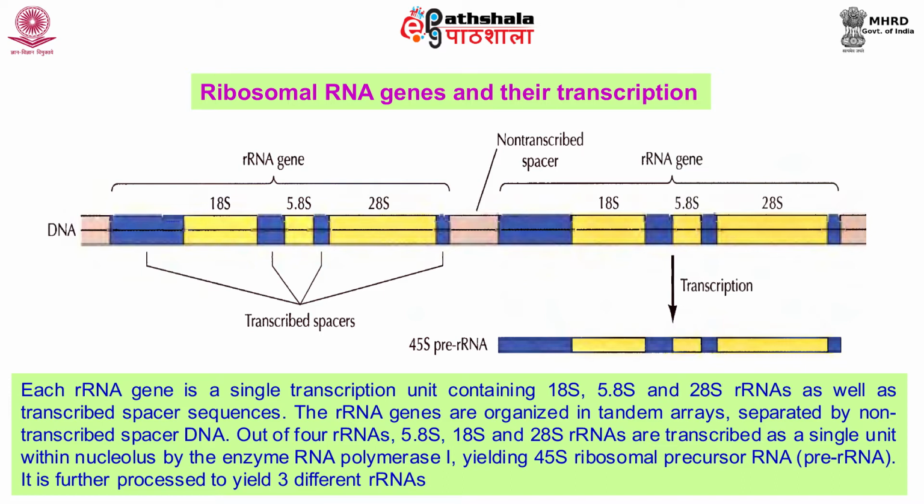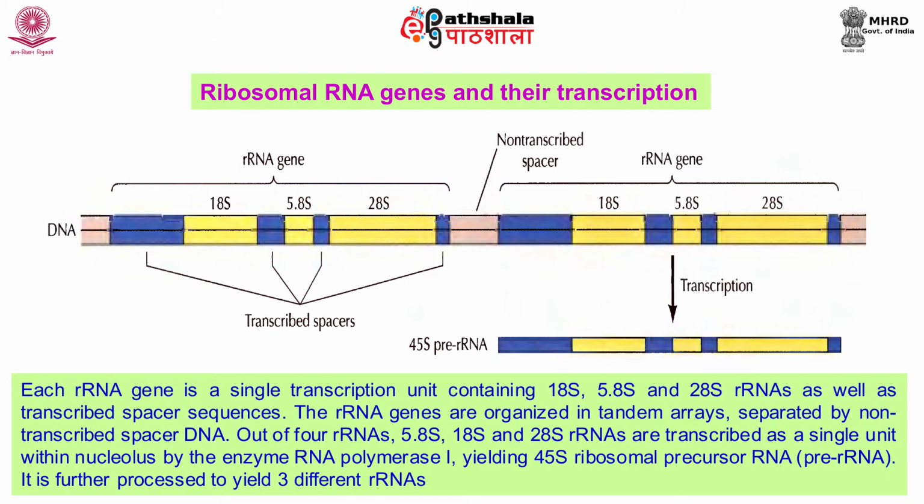Out of 4 rRNAs, 5.8S, 18S and 28S rRNAs are transcribed as a single unit within the nucleolus by the enzyme RNA polymerase I, yielding 45S ribosomal pre-rRNA. It is further processed to yield these 3 different rRNAs.